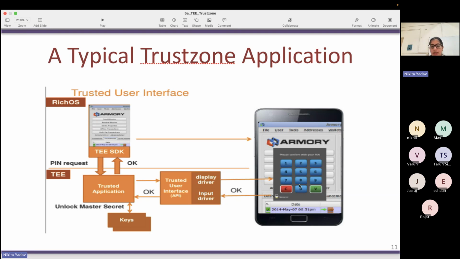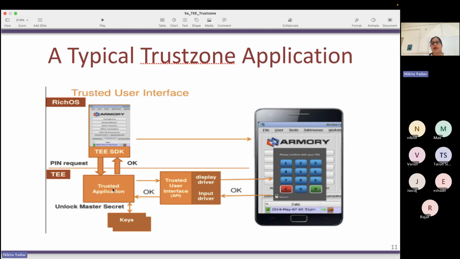When the pin is entered, it is directly read by the trusted application, which has stored the original value of the pin. Then it can do a match, check whether it is okay or not, and just send back the result whether the pin matched or not.